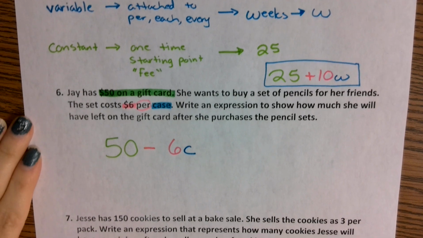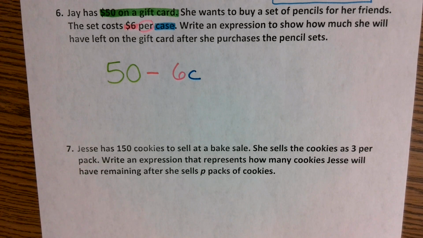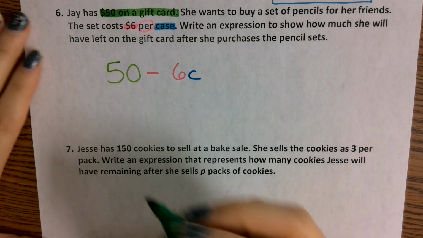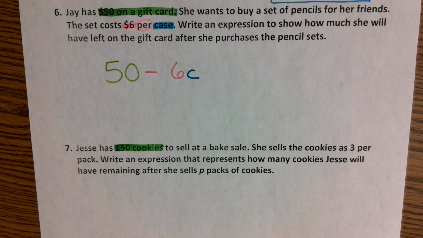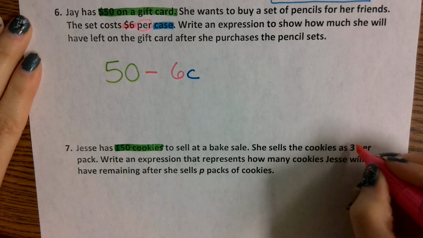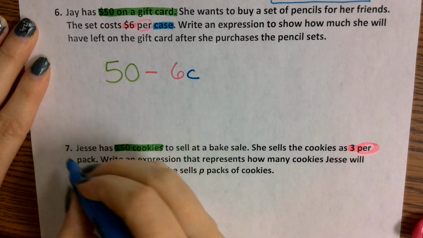All right, taking a look at problem number 7. Jessie has 150 cookies to sell at the bake sale. She sells the cookies as 3 per pack. So she's starting off with 150 cookies. She's going to sell 3 cookies per pack, right? There's our per, each, or every: pack.